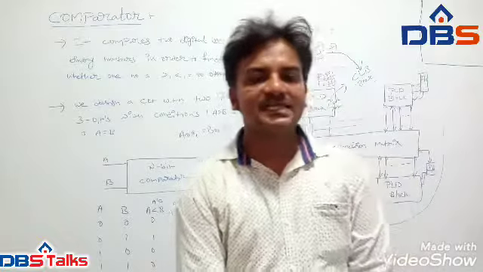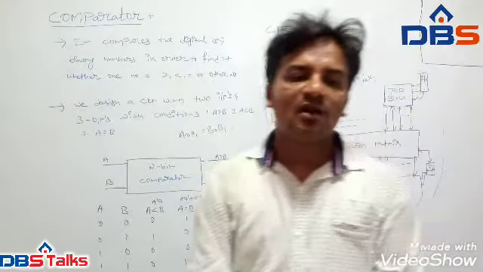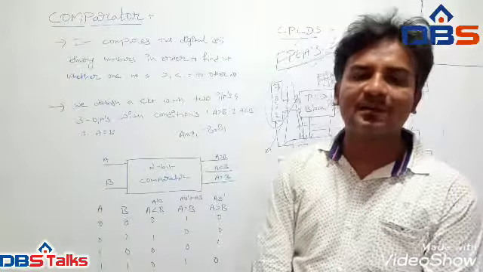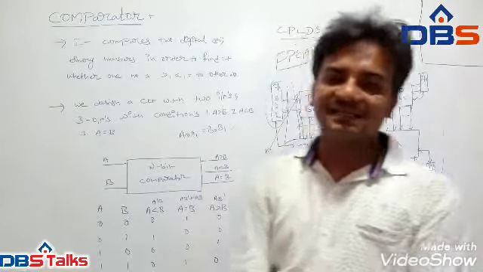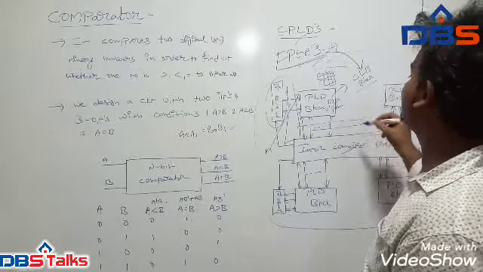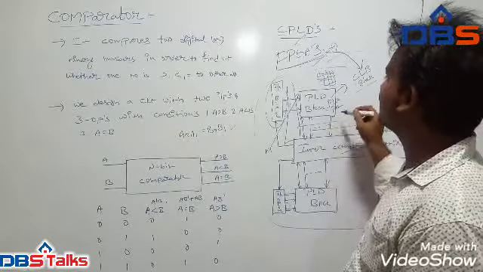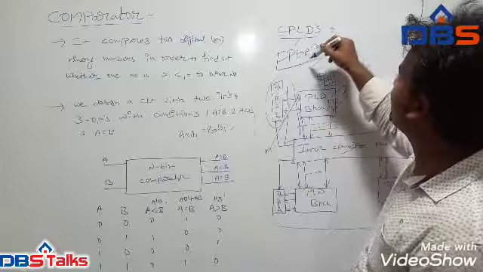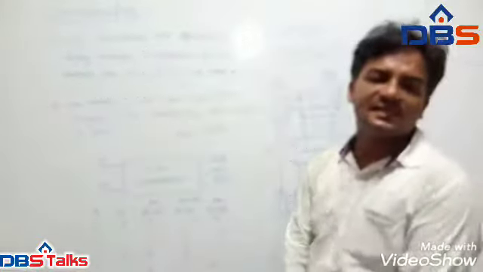FPGAs can be used to implement logic circuits of more than a million transistors, as in ASICs. So more than a million functions within the same IC are capable of being implemented within an FPGA.